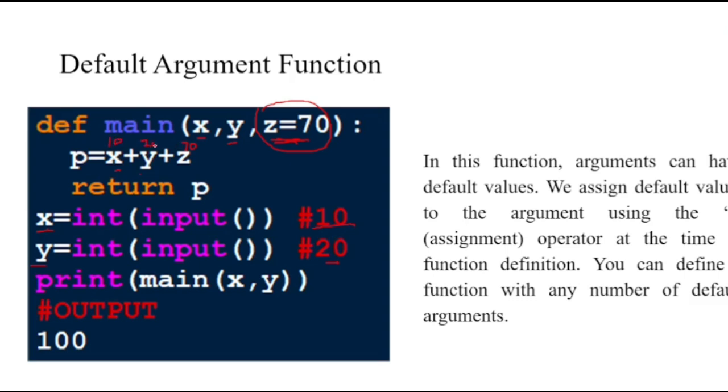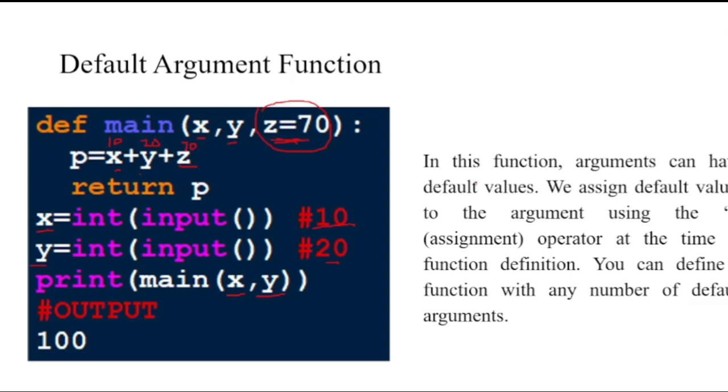And then we had a default value for z, which is 70. So 70 plus 20 plus 10 gives us 100. So in the function call, we pass only the arguments that we input for x and y. We add a default value argument, but we don't have to pass it in the function call.